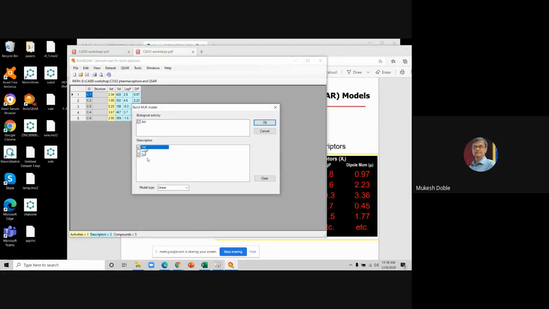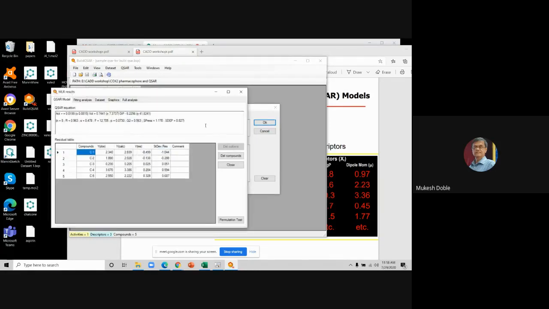It's not a good idea with 5 data points, but I just want to show you a two descriptor model. So it has given activity is equal to something into volume plus something into dipole plus a constant. Then all the statistics are there.